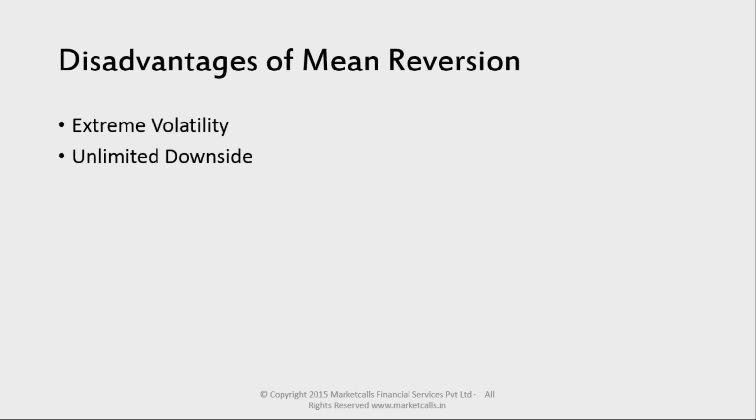Of course, it's there with trend following also, but the unlimited downside risk is there with mean reversion models. It's slightly riskier than trend following, but one thing you get is a better winning rate, but your returns may or may not be as good as your trend following.